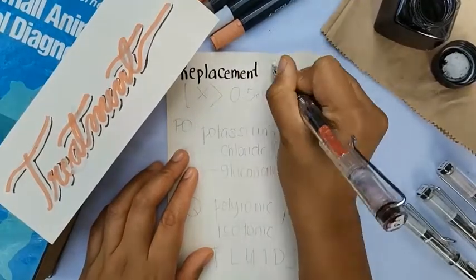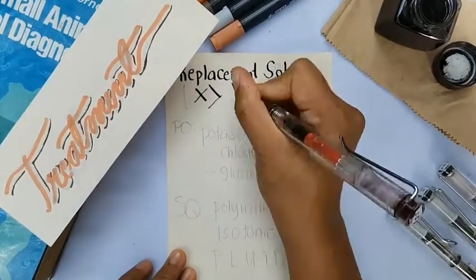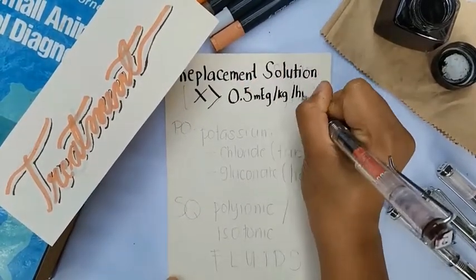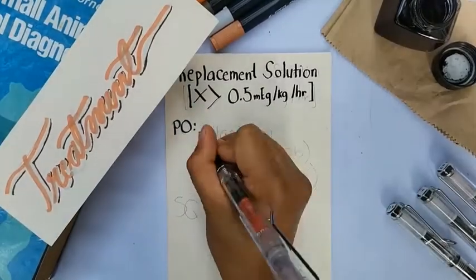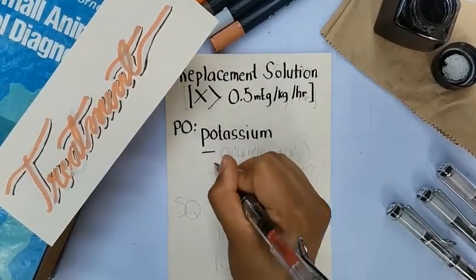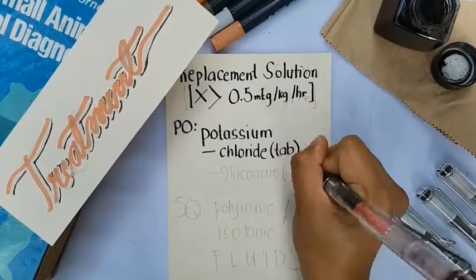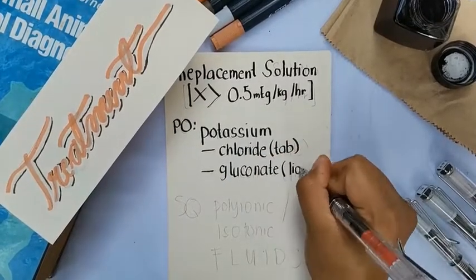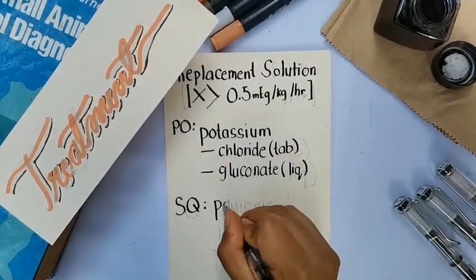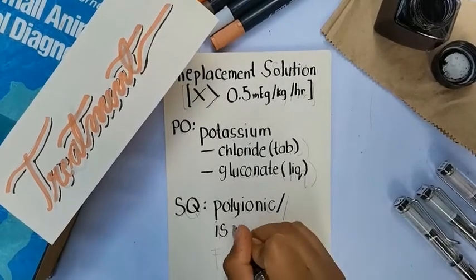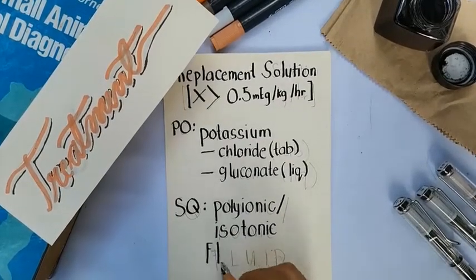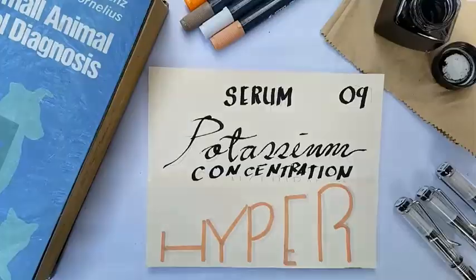Treatment: when giving replacement solution, the rate should not exceed 0.5 milliequivalent per kilogram per hour. Orally, we can give potassium chloride tablets or potassium gluconate liquid solution, or subcutaneously polyionic or isotonic fluids.